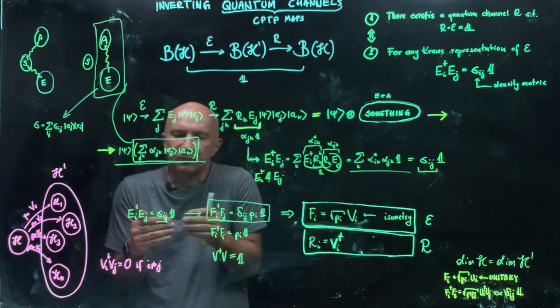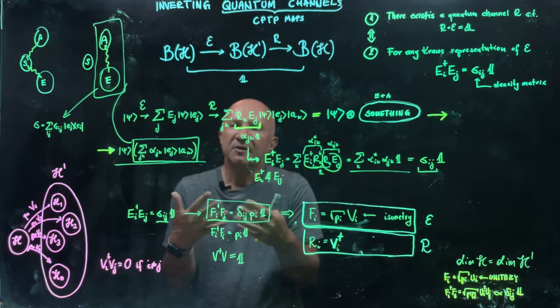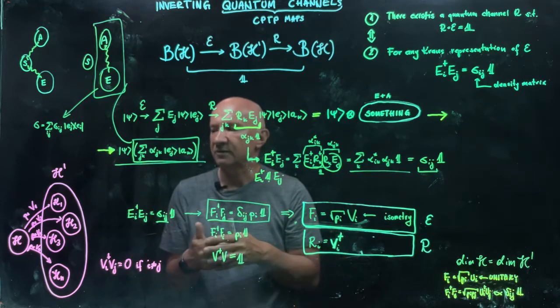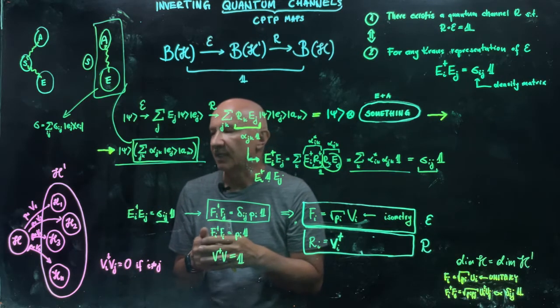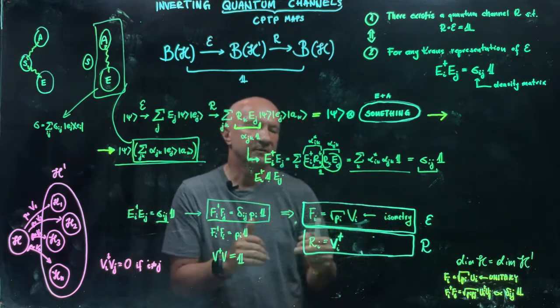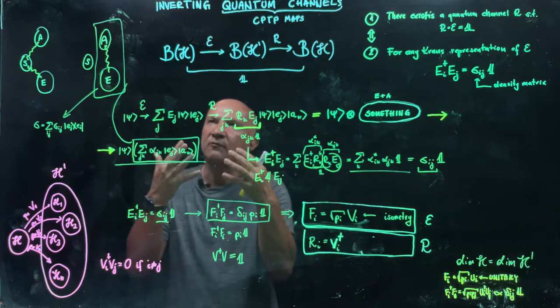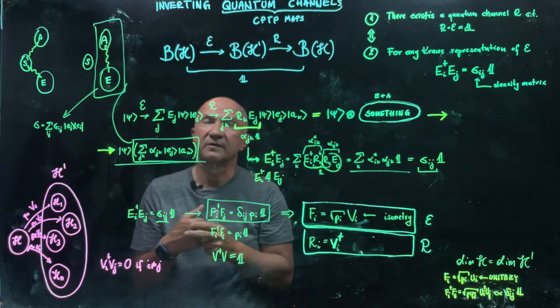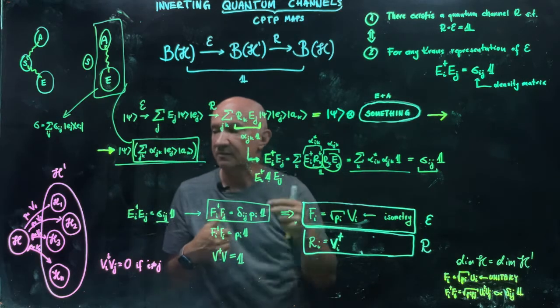So we say that the isometry V sub k is chosen with probability p_k, and that's the action of those Kraus operators. This is actually one way of understanding the action of E if this condition is satisfied.